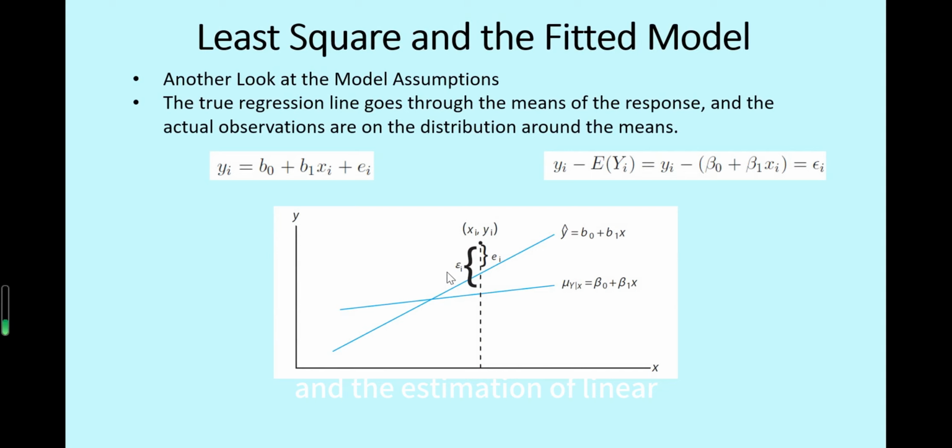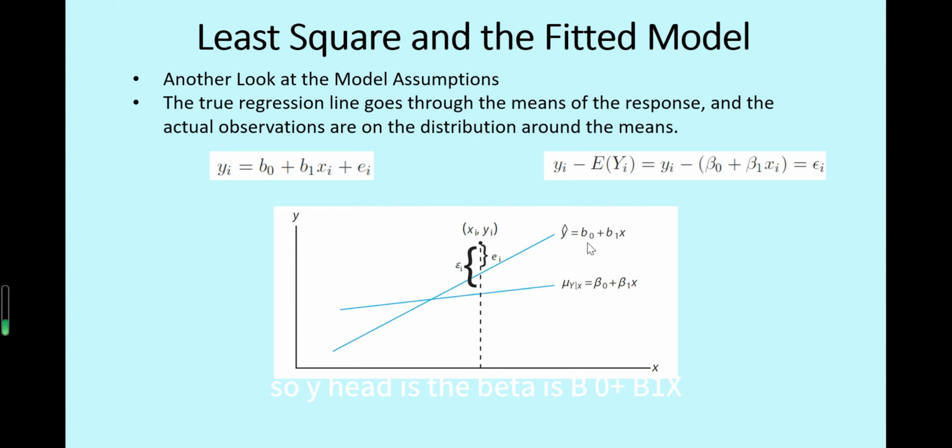The estimation of the linear regression model is based on the idea that we will minimize the sum of the squares of this e_i, which is the error between the observations (xi, yi) and this fitted line.